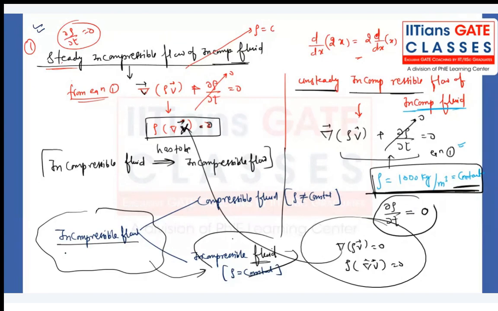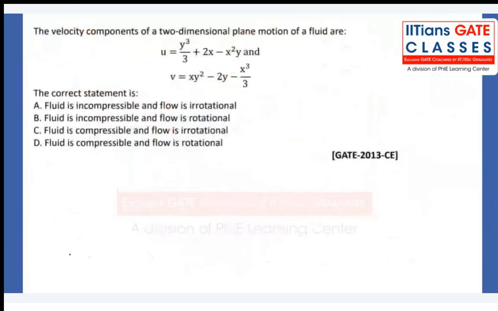See, compressible flow means volumetric strain rate will not be equal to zero. That means what? We get D rho by Dt not equal to zero.